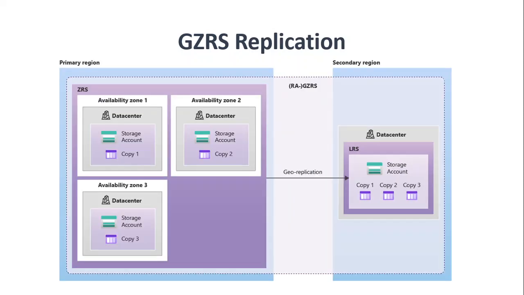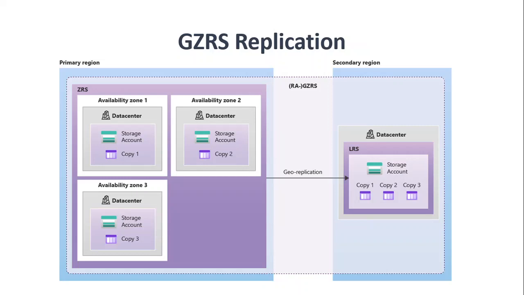And geo-zone redundant storage is everything which we have in GRS, but instead of LRS in our primary region we use ZRS. So zone redundant copies are created synchronously in all availability zones, and then data is asynchronously copied to the secondary region, where it is copied again using LRS within the same data center.